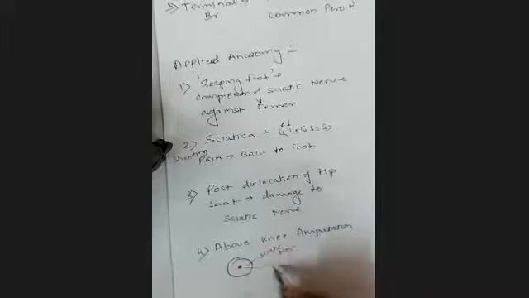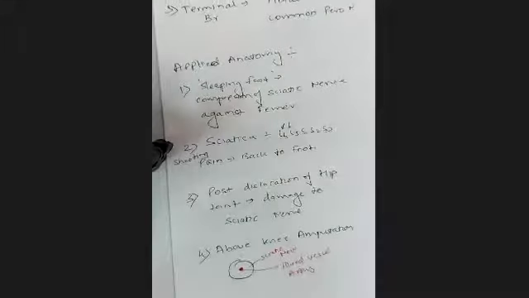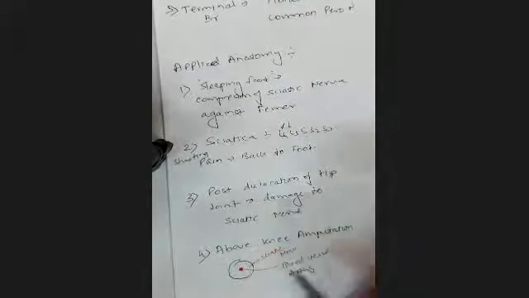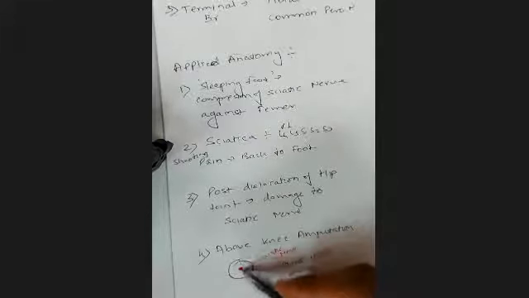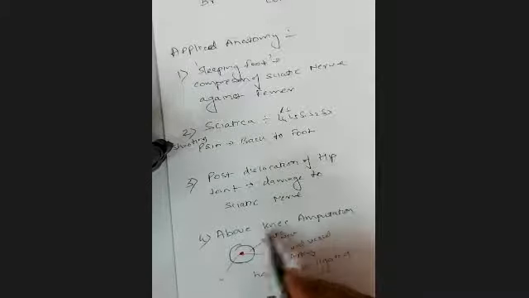Arteries have high arterial blood pressure, and therefore in case of above knee amputation, if all other arteries are ligated but one fails to ligate this artery, it can lead to bleeding. So this artery has to be ligated without fail in above knee amputation.